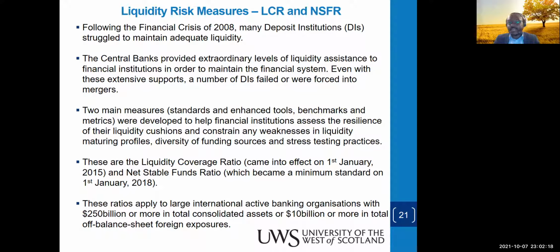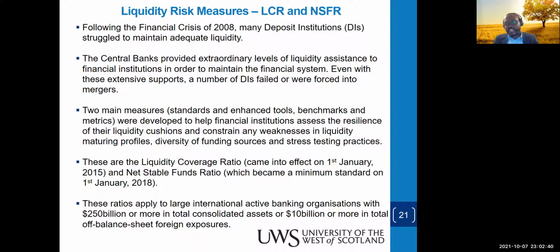The central banks came in, the Federal Reserves came in, the treasuries came in to support them, some with cash, some with assistance in terms of advisory services, so that they could keep their financial system in place or their companies in place. Even with this, most of the companies failed. They had to fail or they went into mergers and acquisitions.